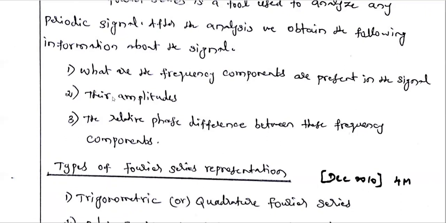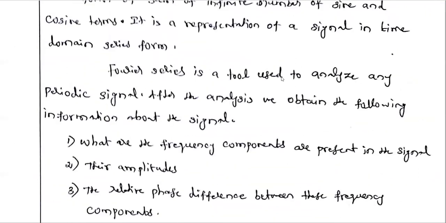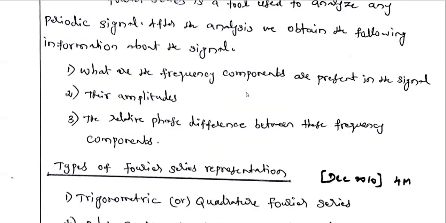This type of representation is called a frequency domain representation. So the Fourier series is used to convert the time domain representation into its frequency domain representation, and from it we can calculate the frequency components present, their amplitudes and relative phase differences. These are all the advantages of the Fourier series.